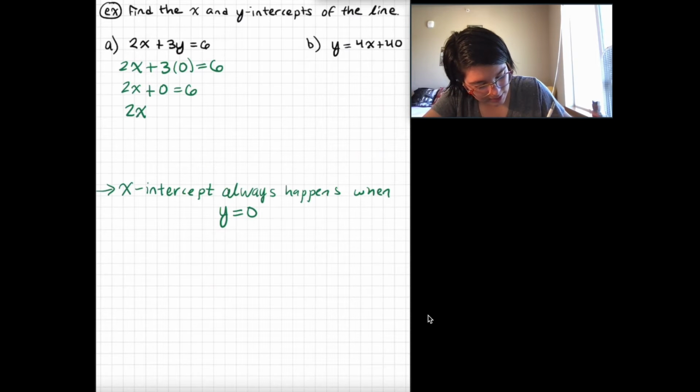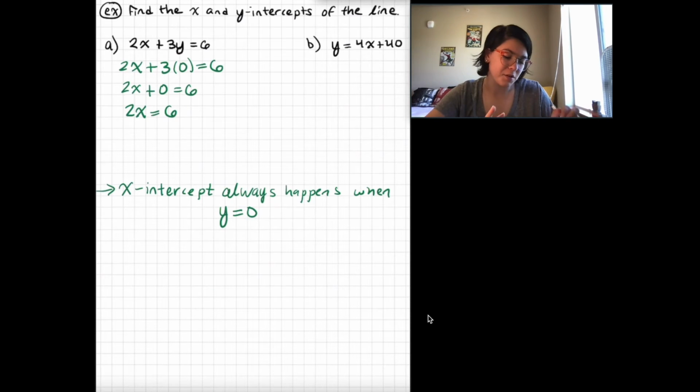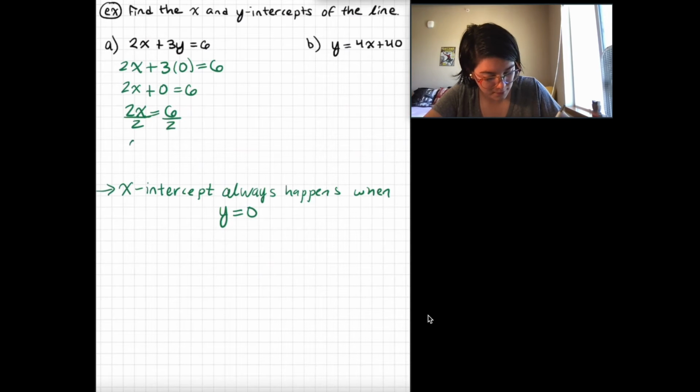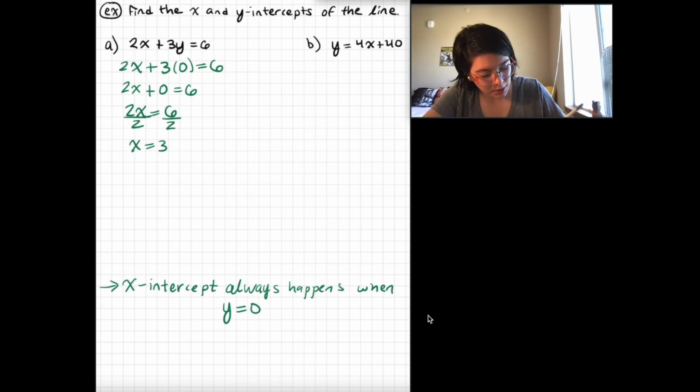So we have 2x is equal to 6. So we have 2 times x. Inverse operations, the opposite of multiplication is division. Divide by 2. x is 3. So our x-intercept happens at 3, or we can write this as the coordinate pair over 3 up 0.